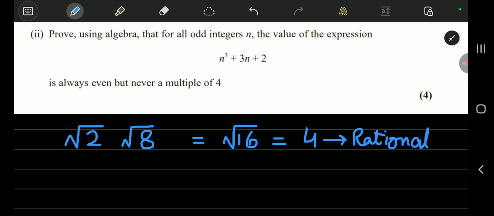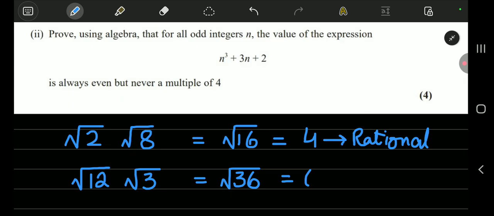Or you can take another example, which is two numbers that when multiplied give you a complete square, but by themselves, under the root, they are irrational, like they are not complete squares. So root 12 times root 3 gives you root 36, and 36 is a complete square of 6, so the square and square root cancel, and it gives you a rational number.